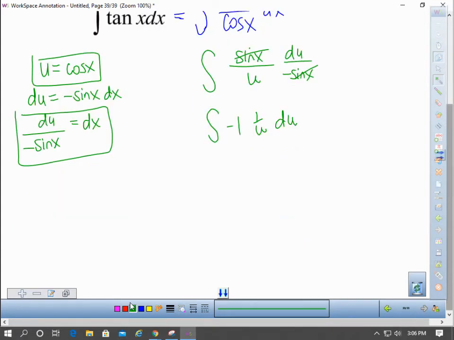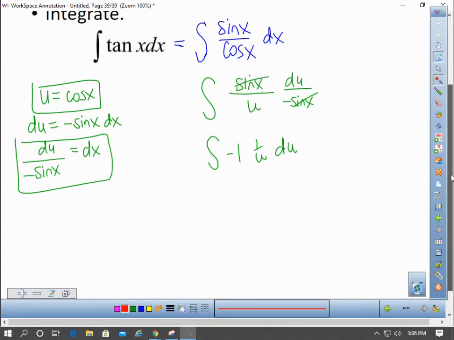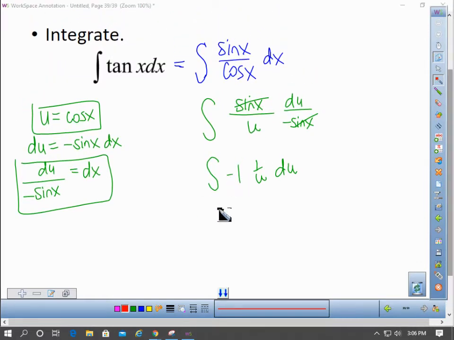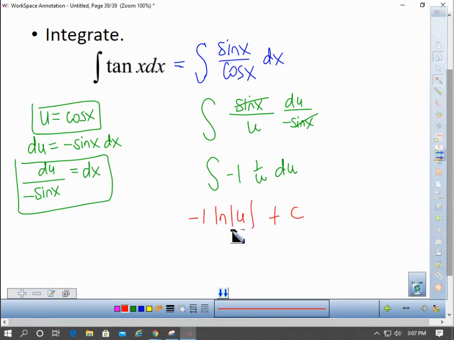So now when we do our antiderivative, not that difficult. We've got a coefficient of -1. We know the antiderivative of 1 over u in terms of du is the natural log of the absolute value of u plus c. And then I'm going to put my u back in. Since u was cosine, this is going to be -1 natural log of cosine x plus c.